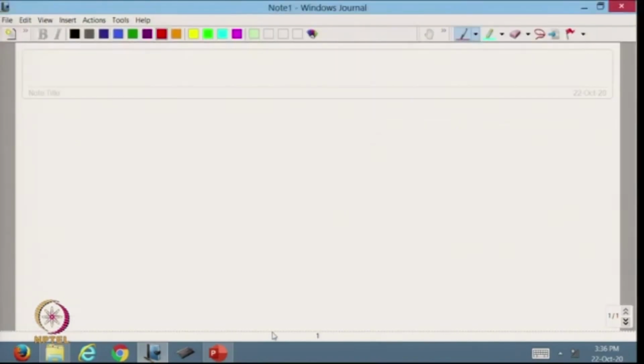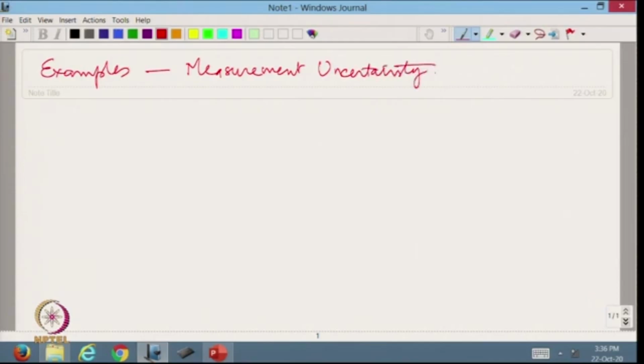Okay, so we have all those numbers and our procedure would be like this. We have the data points and we will call them x1.